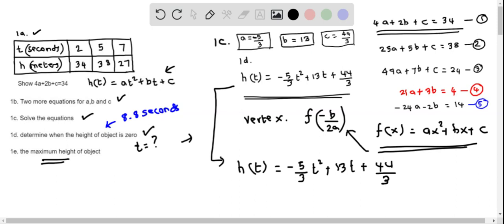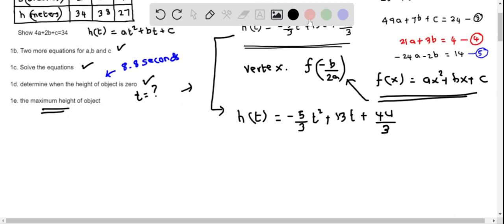So first let's find out what is minus b by 2a. Let's identify the a. This is a, and this is b, which is the number in front of the t, and this value is c. We need only the negative b by 2a.